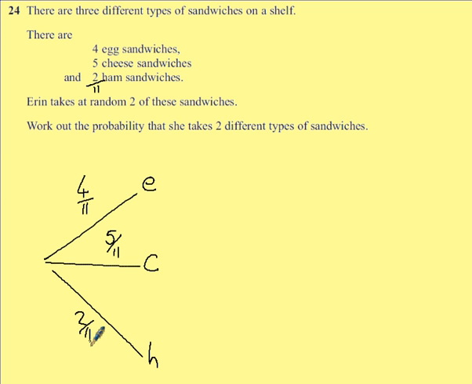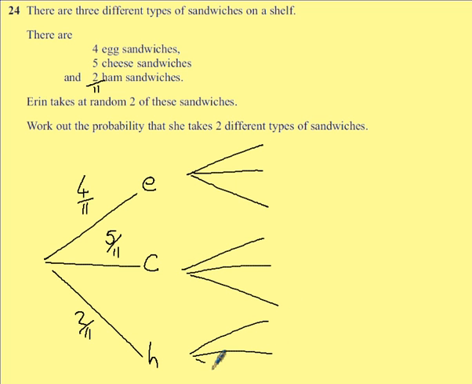Now, after our first pick, we're going to pick for the second time. Or we could pick here, or we could pick here. Egg, cheese, ham, egg, cheese, ham, and so on.